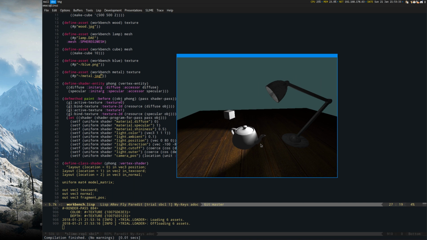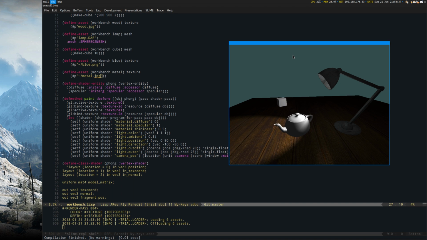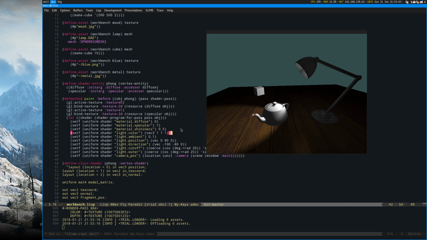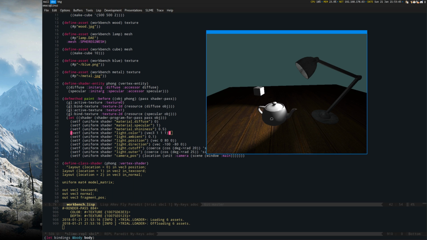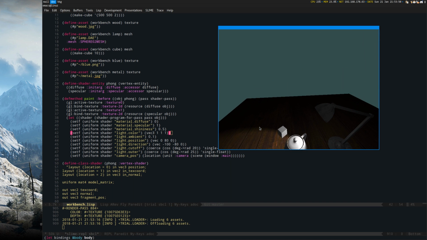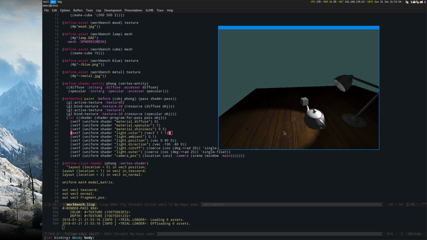Now the next step will be to add bump mapping. With bump mapping, to calculate the diffuse and specular, you don't just use the normal, but you combine the normal with another texture that skews the normal in some direction.